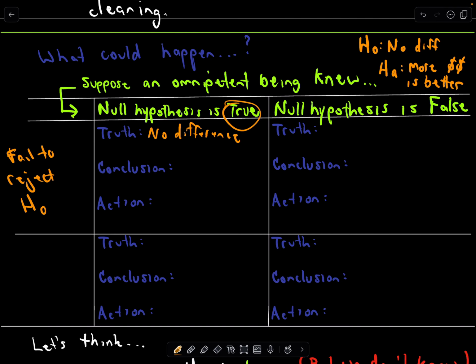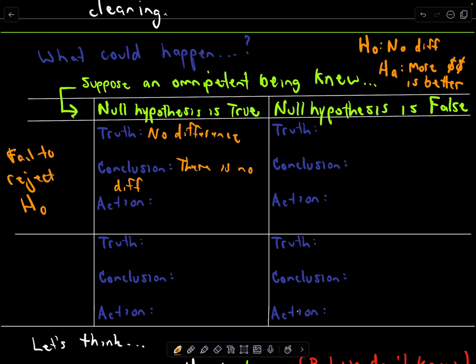Again, suppose somehow we knew that. And what conclusion did we reach? The conclusion that we reached is that there is no difference, because we're keeping that null hypothesis. We didn't reject it. So what action did we take?